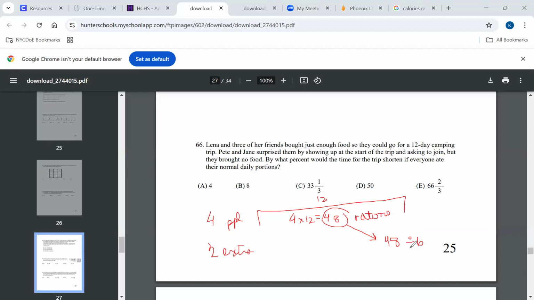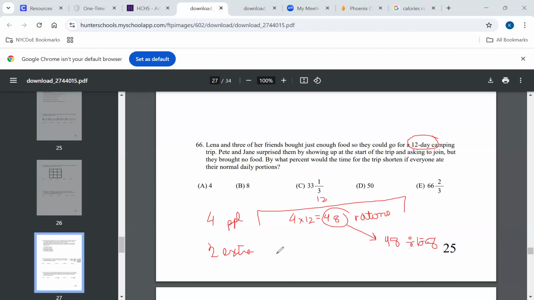So now 48 divided by 6 we know is 8. So we know that there's actually only 8 days on this trip now. So the question is, by what percent did the number of days shorten? So 12 went to 8.